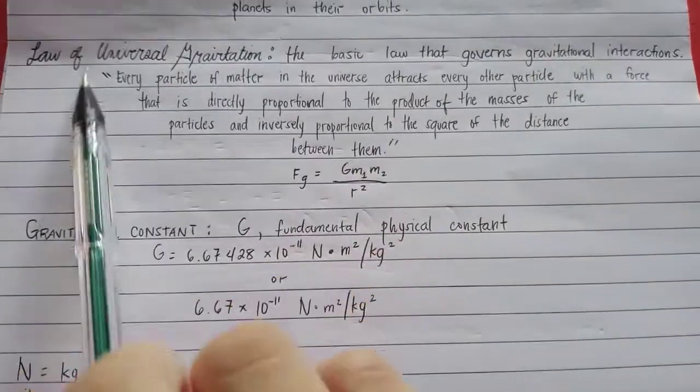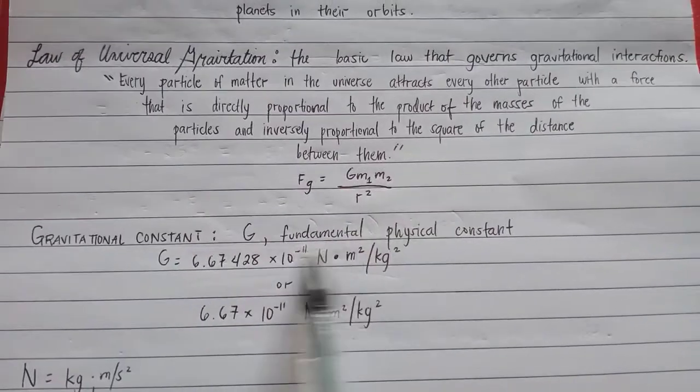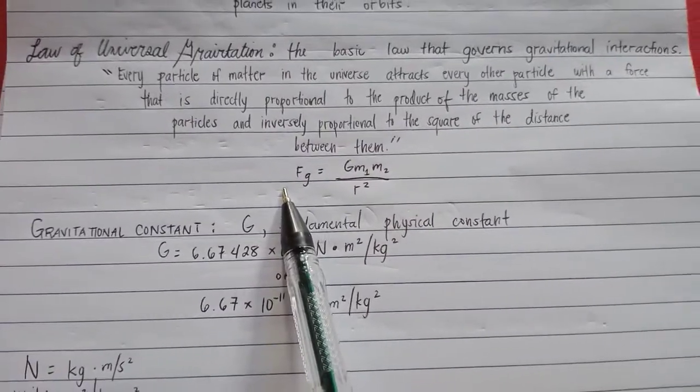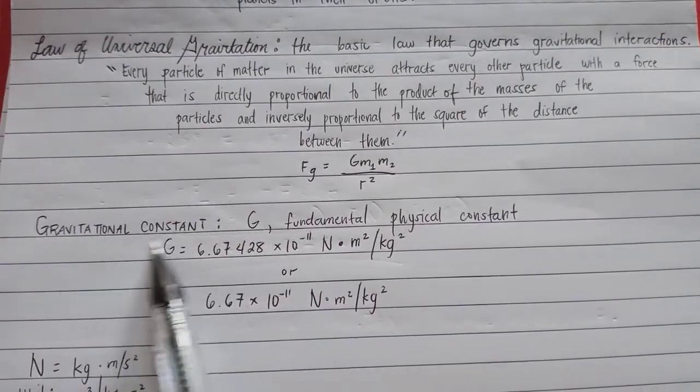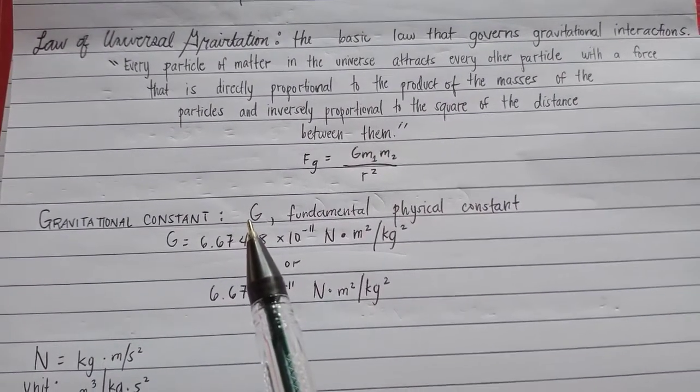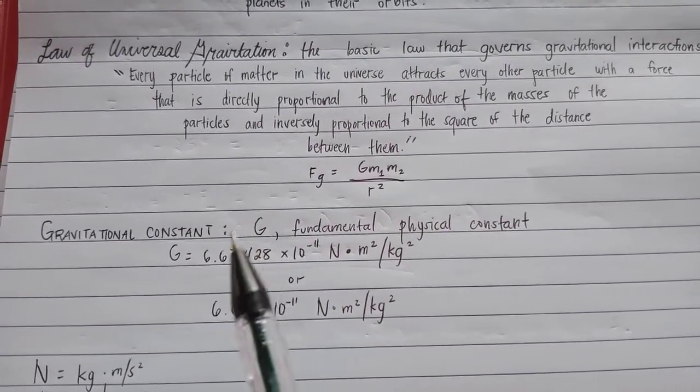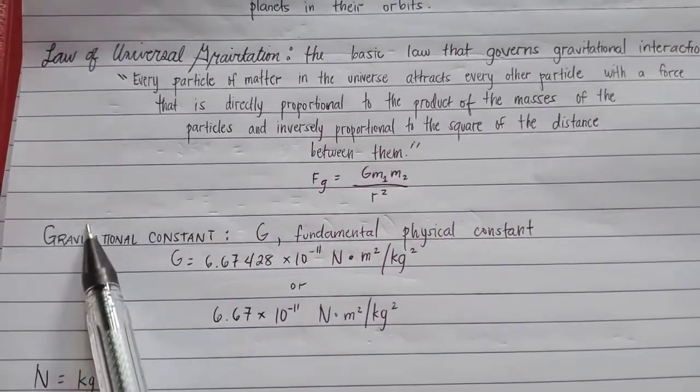From the law of universal gravitation, we derive this equation. They derived, rather, the gravitational constant. G stands for the gravitational constant.